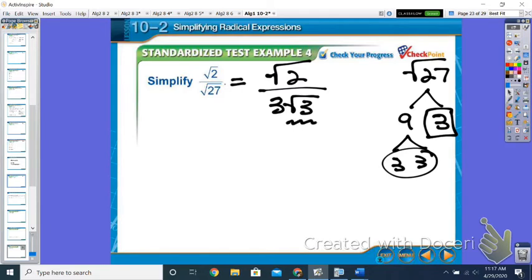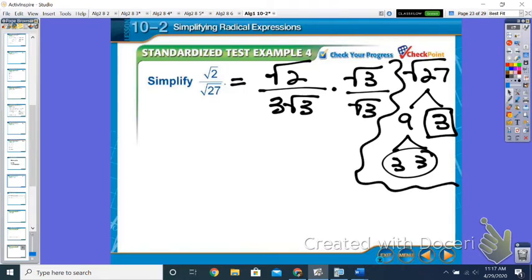Now we do not like the square root 3, so here's where we're going to multiply by root 3 over root 3. Okay. The numerator is just the square root of 2 times the square root of 3. That would be the square root of 6. 2 times 3, 6. And in the denominator, again, this 3 is just going to have to stay out front. It doesn't have anything else to multiply with.